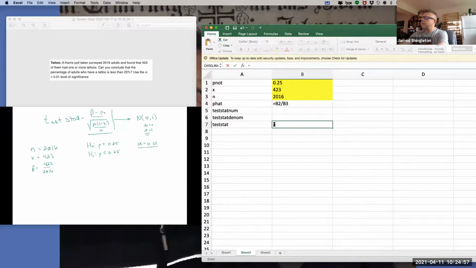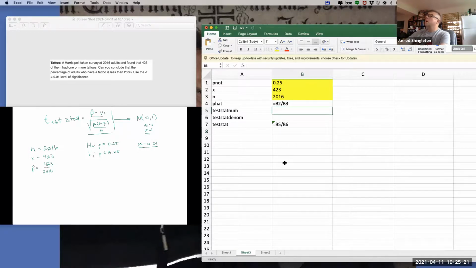Excel's not going to like this, but I can put this divided by this, B4 divided by B6. I'm going to get an error here, and that's okay. See this little green dash? I'm in formulas mode, but you would see it as an error. That's okay. As soon as I fill in all the other values, this will actually be a value.